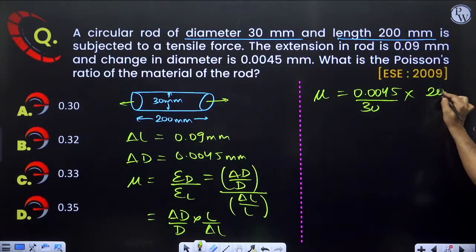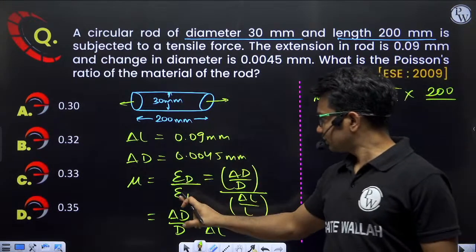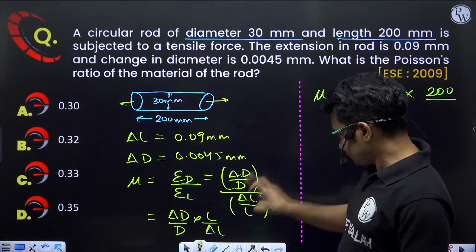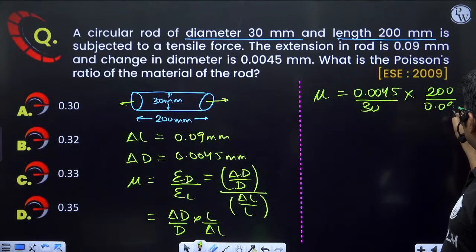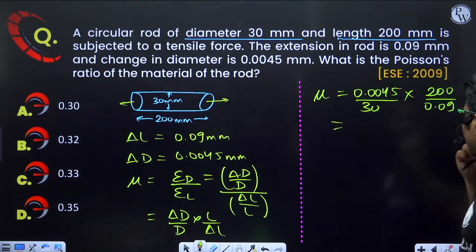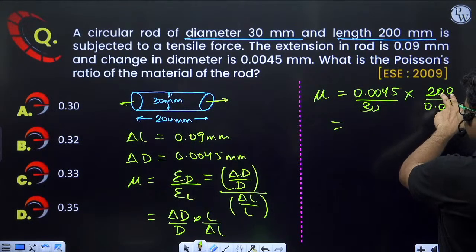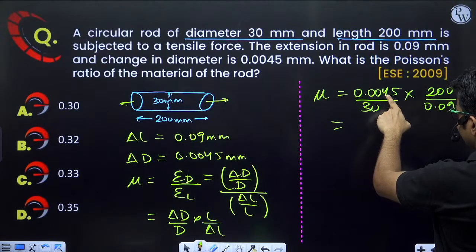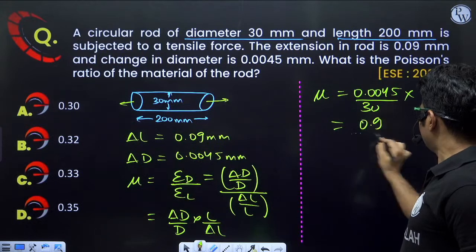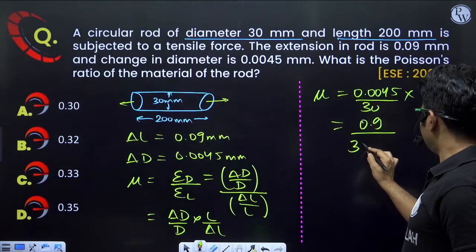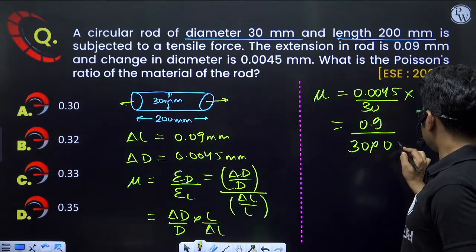Length is 200 mm, the original length, divided by change in length, which is given as 0.09. If we solve this, 200 into 0.0045, I'll be getting 0.9, divided by 30 into 0.09.